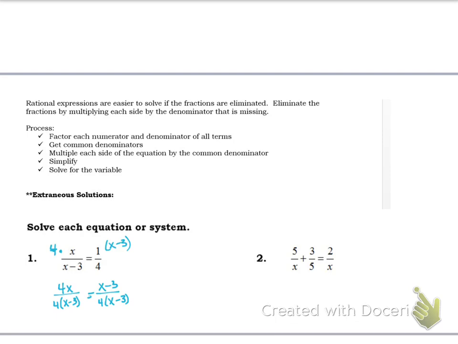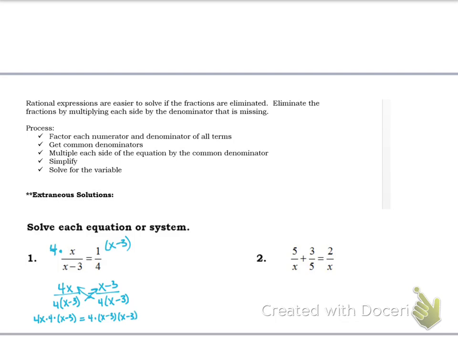So what you can see is if we do cross multiply here, I would get 4x times 4 times x minus 3 is equal to, I cross my other way, I have 4 times x minus 3 times x minus 3.